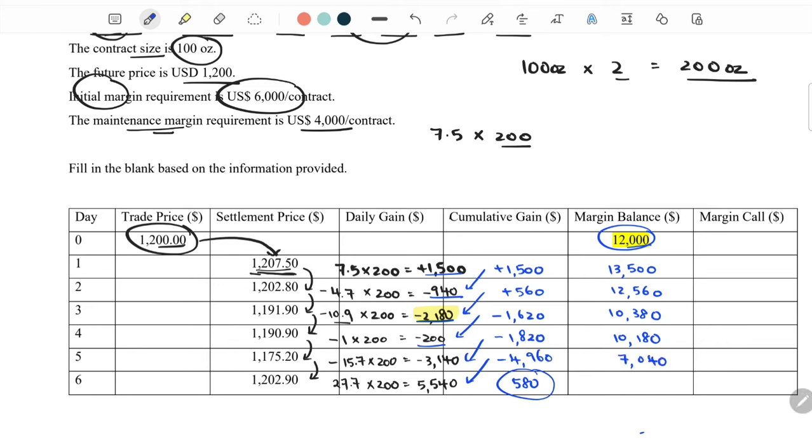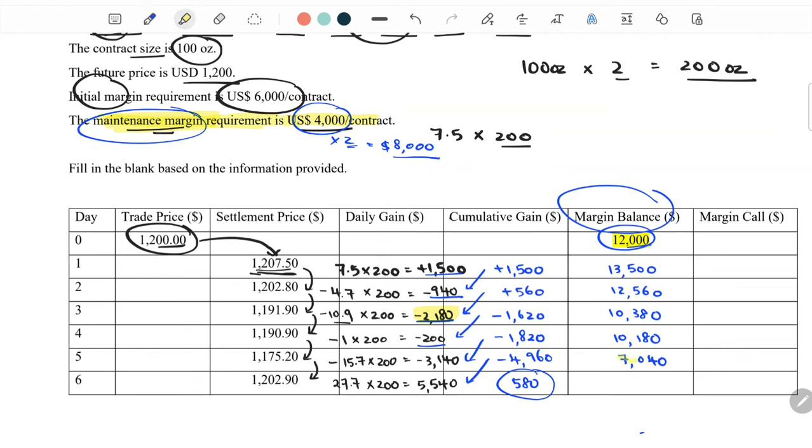So I get about 7,040. Over here I need to stop for a while because we need to check the maintenance margin for this investor. The maintenance margin requirement is 4,000 per contract, and this investor entered into 2 futures contracts, so the maintenance margin here is 4,000 multiplied by 2, which is 8,000. When your margin balance drops below the maintenance margin, you will receive a margin call.